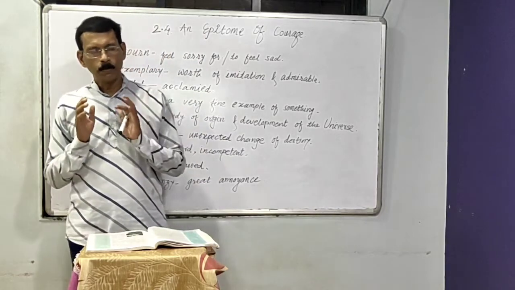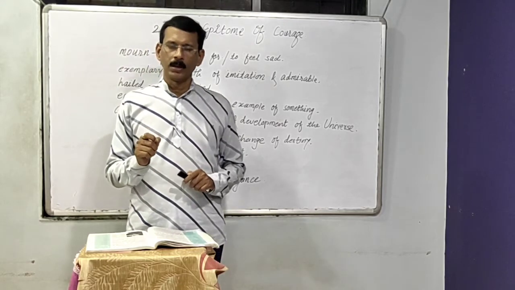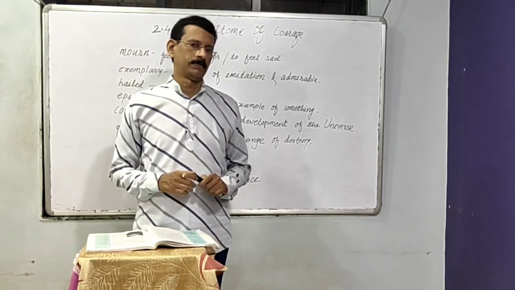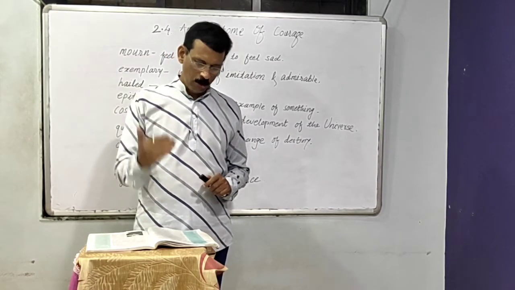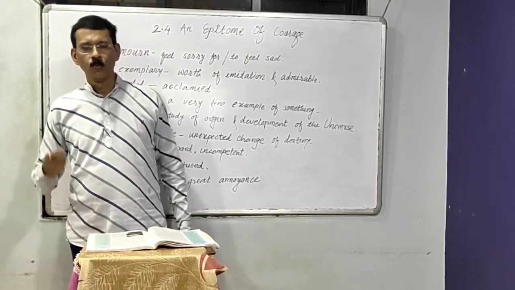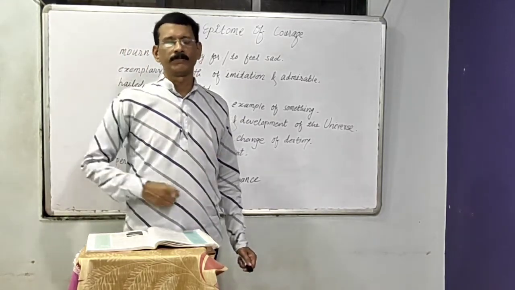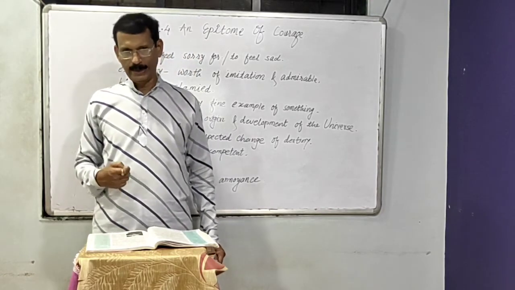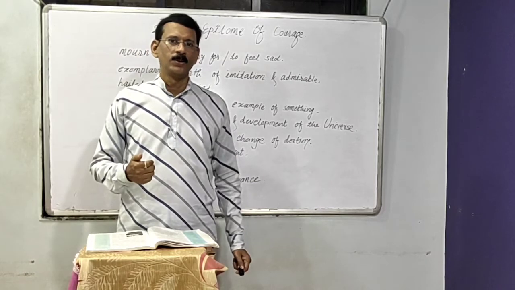So from this first paragraph, tell me some answers. I am going to ask some questions on this passage. The first question is, what is the general human tendency? What is the general human tendency?